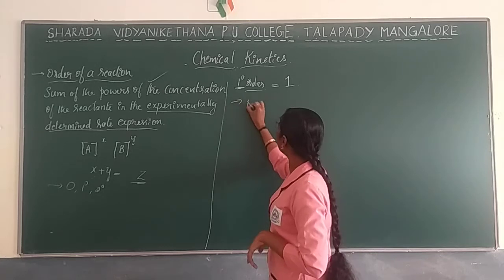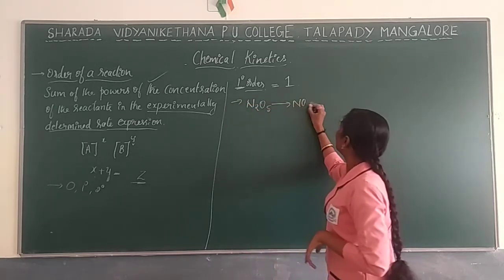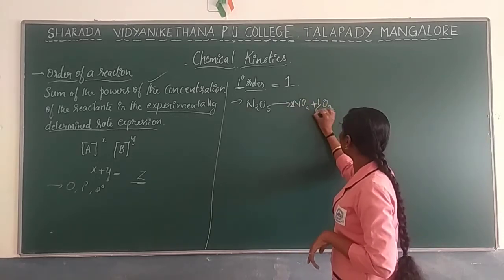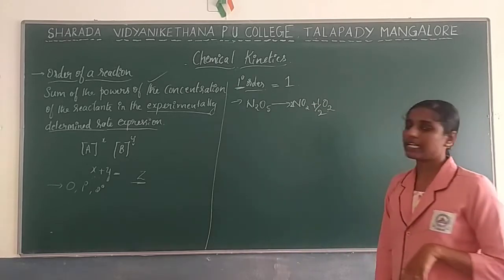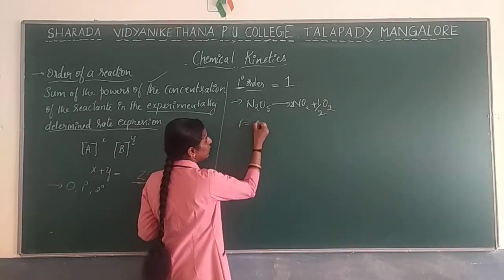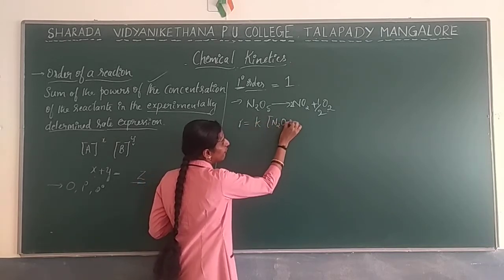For example, if I write the reaction, now here balance the reaction. For this reaction, if you are writing the rate, we can write R = K[N2O5].